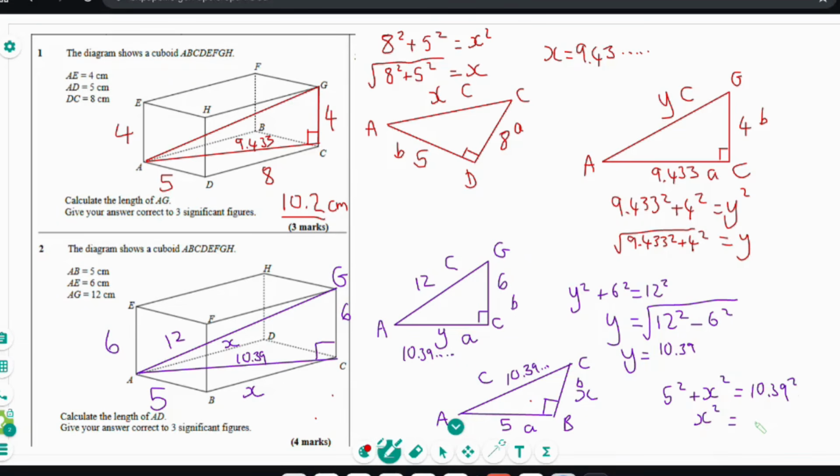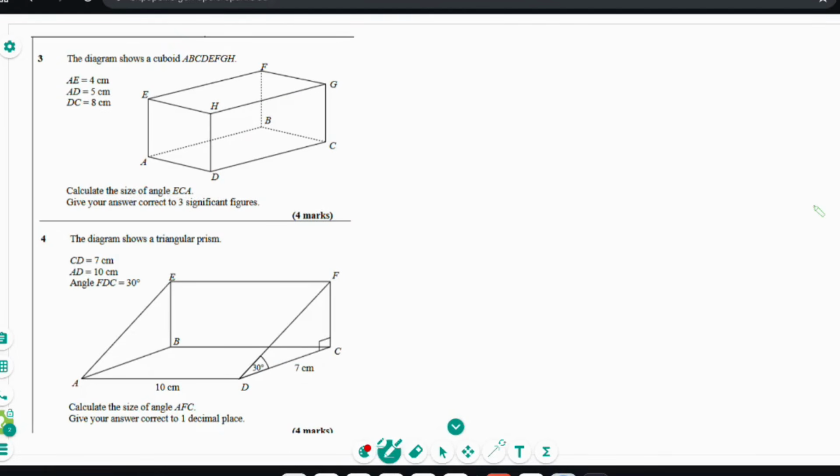So we would take 5 squared off both sides and then square root to give us X. So answer squared minus 5 squared, square root gives me X, the length AD, which is the same as BC, to 3 significant figures is 9.11.